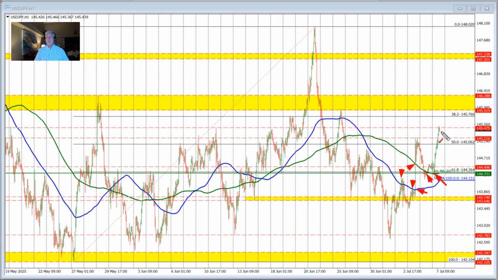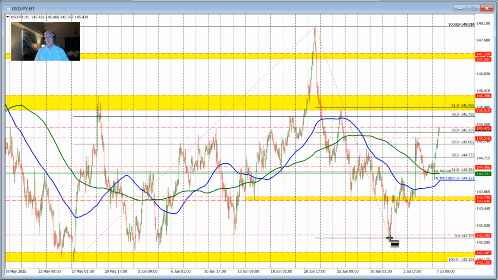For the dollar versus yen, we next look toward the broken 38.2% retracement. If I were to put a Fibonacci retracement just for giggles from this high to this low right here, we're above the 50% retracement level, which is somewhat positive for this pair. If we want to find real close support, look at 145.35 or 36, but this might be the high from last week, which is more a focus for traders.